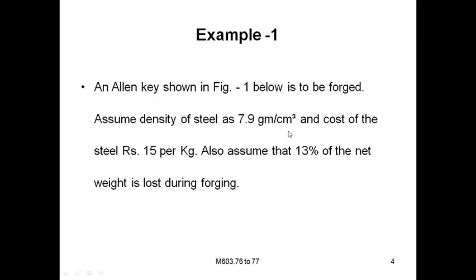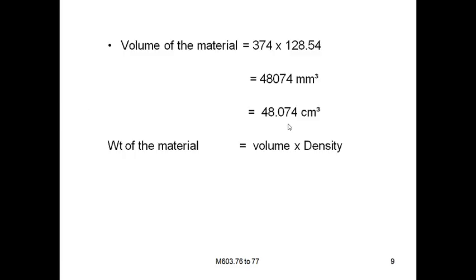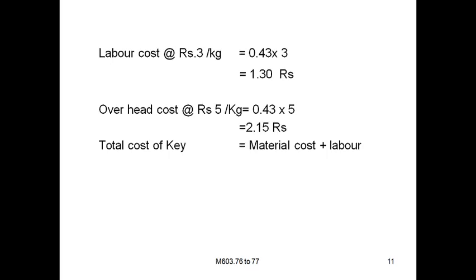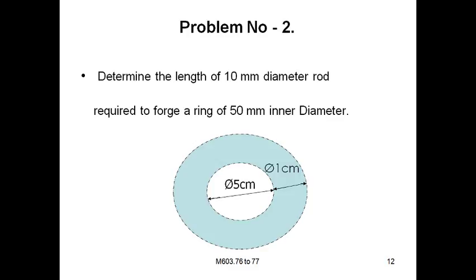Even in this problem, nothing is specified. He is asking us to calculate the cost of one piece or one object by considering 13 percentage additional scrap, 13 percentage additional waste on one object. So he is not calculating any losses here. Directly 13 percentage is given, that's all.